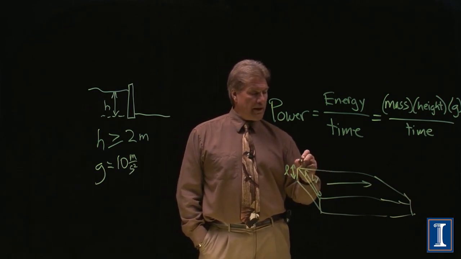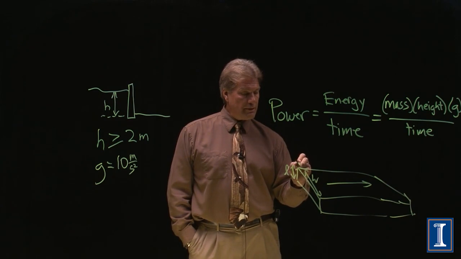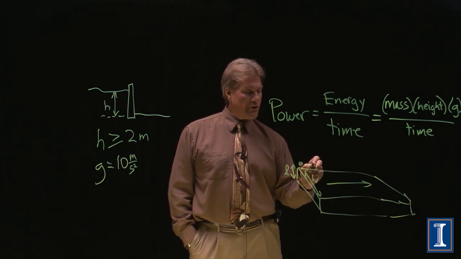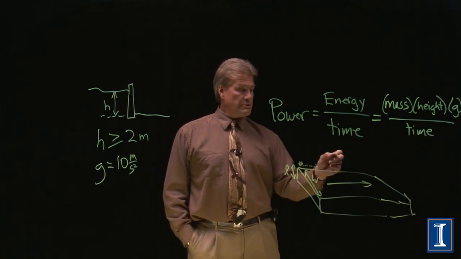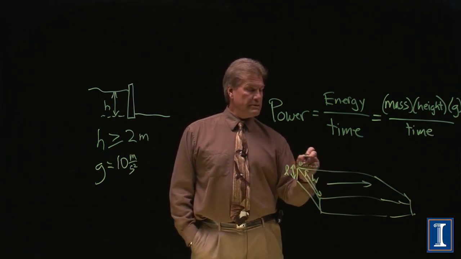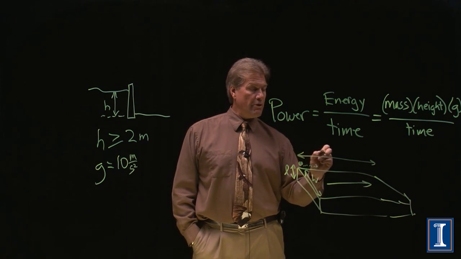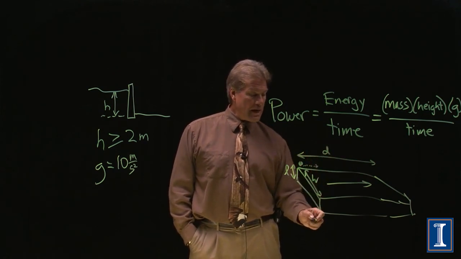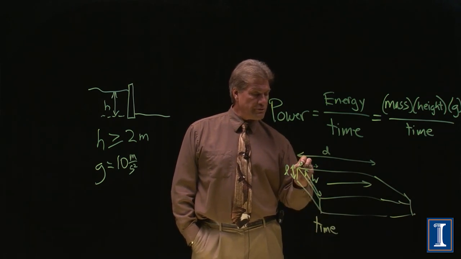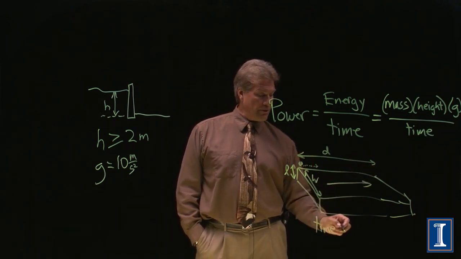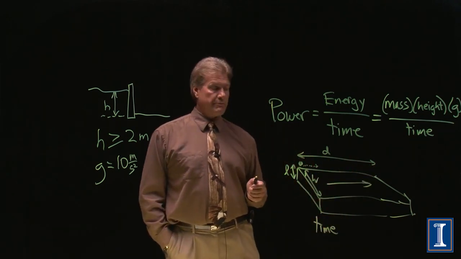And if I put a float on here and watch that float move downstream, I can get the speed of the stream. I could get the distance that it flows along, and I could time how long it takes for the float to move from here to here, and that would be my time.